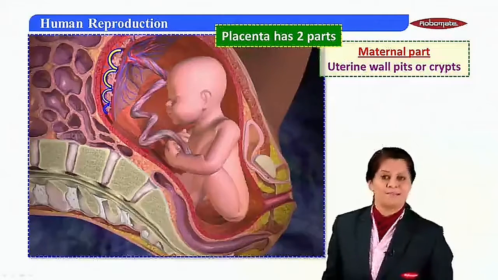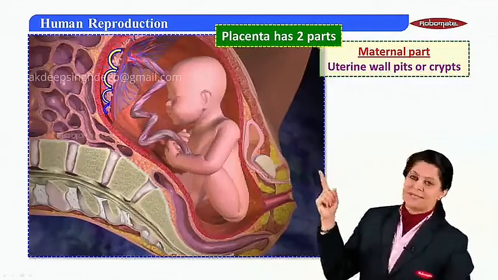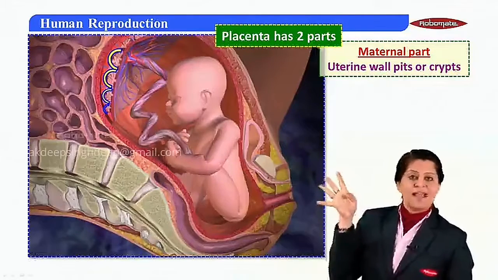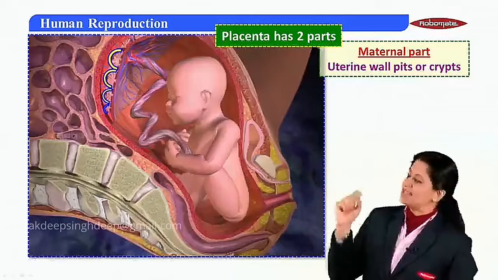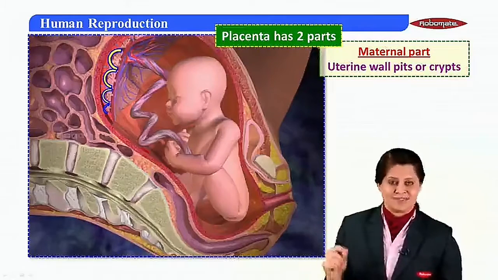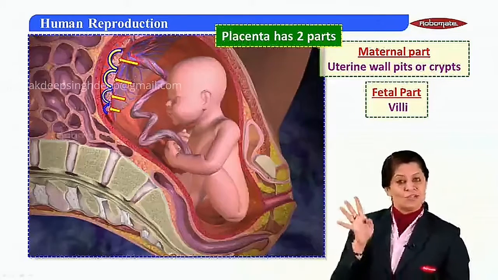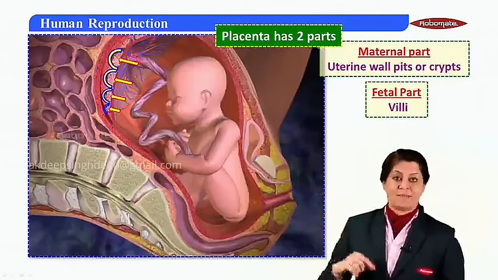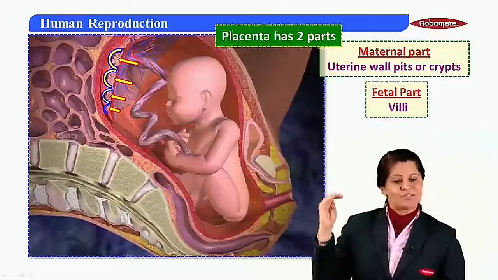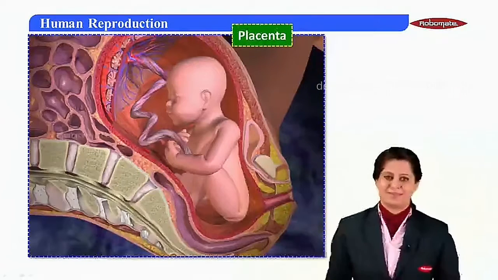How about the fetal part? Students, you can see in those pits there are finger-like structures, here in this picture in faded white color. Those are villi-like structures. That is the fetal part. So fetal parts are those villi-like structures, and maternal parts are those pits forming in the endometrium or the wall of uterus.